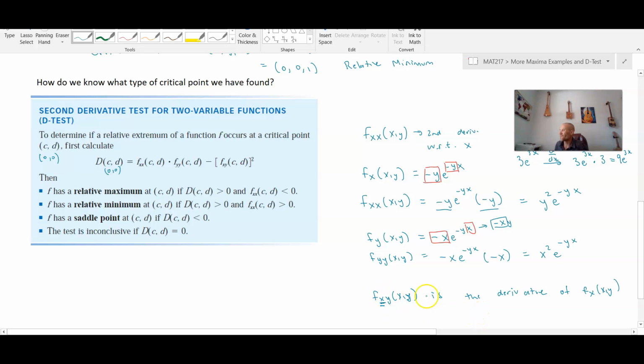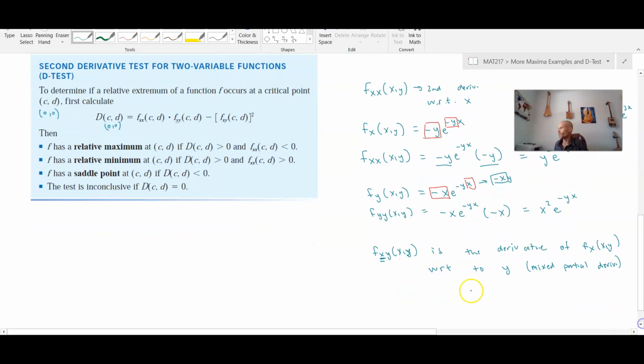Now we're going to take the derivative of that guy with respect to y. I know that seems strange. This is called the mixed partial derivative. And it's not our objective here to get into the theory of what this means or where this comes from. There's quite a bit of mathematics going on behind the scenes. We just need to know how to execute it.